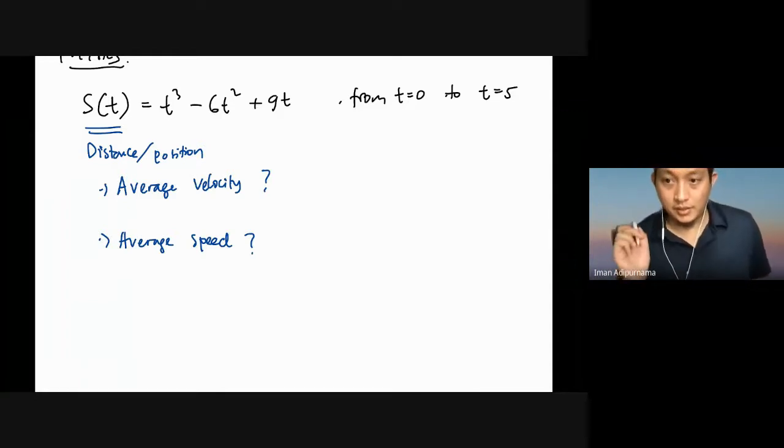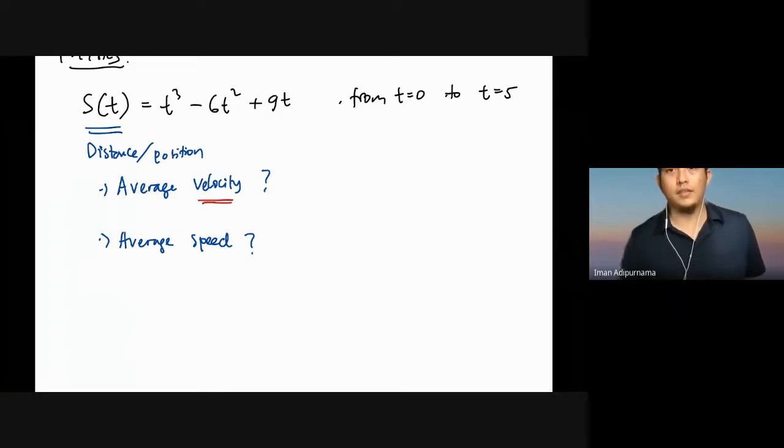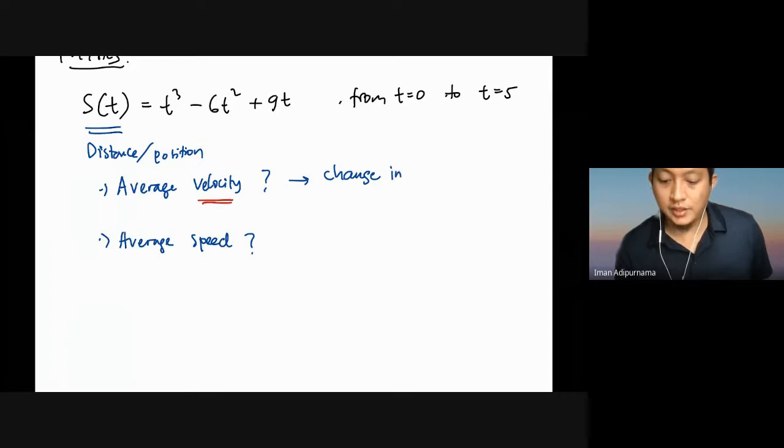Now let's start with the average velocity. Average velocity means the calculation only considers the change in position over the time interval, right?